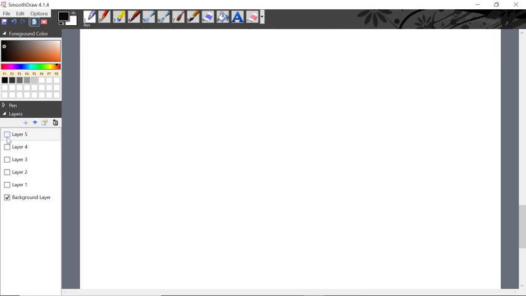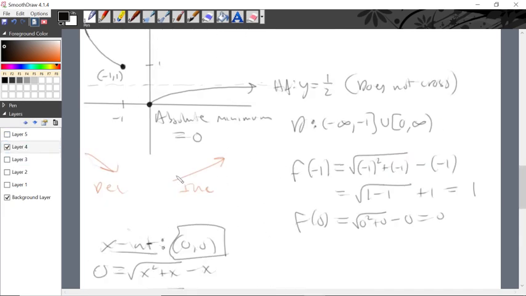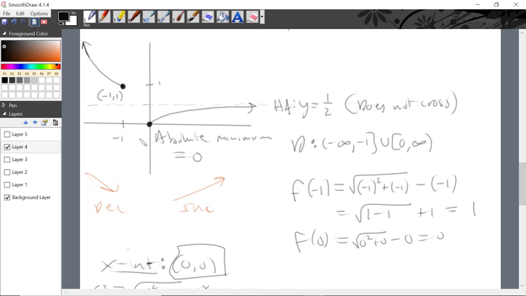What about local? There were no points where the derivative was equal to 0. This is not a local minimum because we can't test to the left of it. The function doesn't exist there. This is not a local minimum because we can't test to the right of it in an open interval. So neither of these are local minima. Local maxima, none of those either. So no local minima, no local maxima.